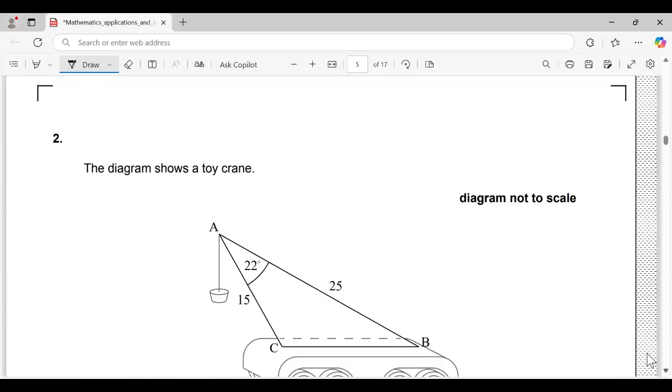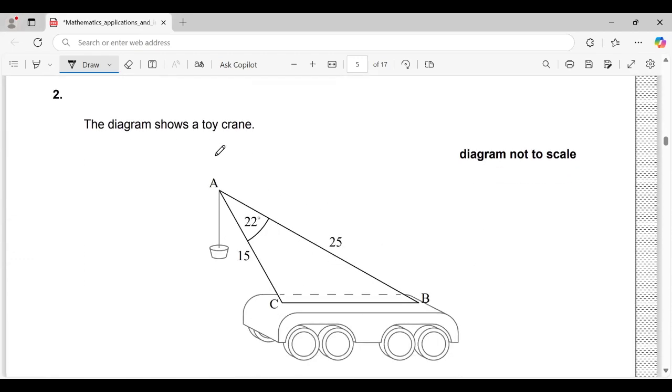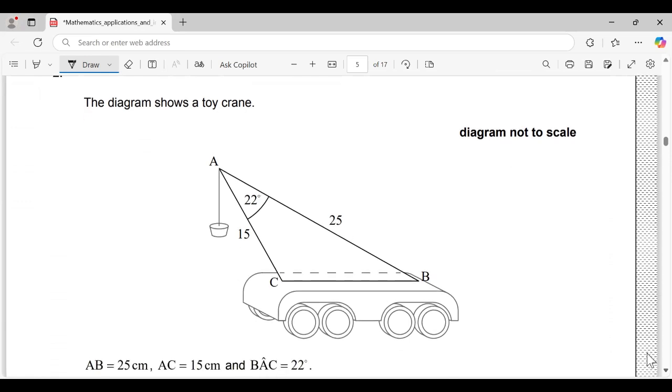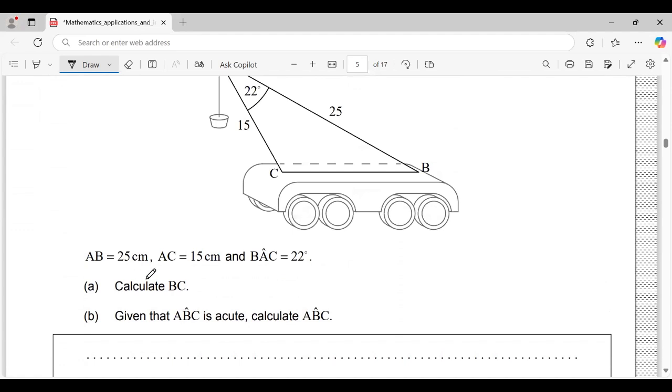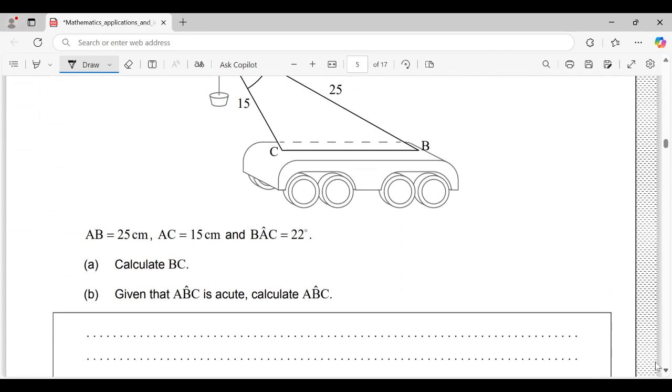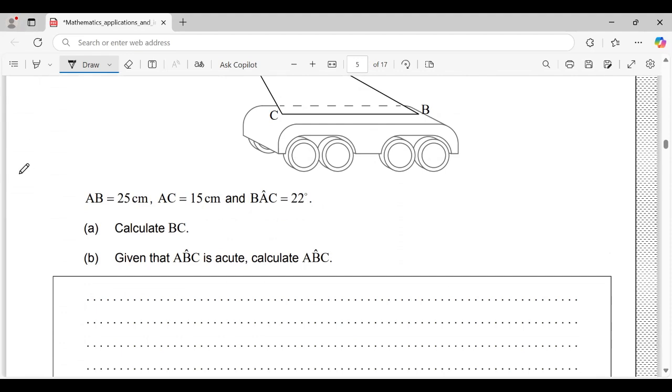Next, number 2, the diagram shows a toy crane. It's the diagram of a toy crane. Calculate BC, given AB 25, AC 15, and angle BAC 22. I'm going to find BC based on the cosine rule.